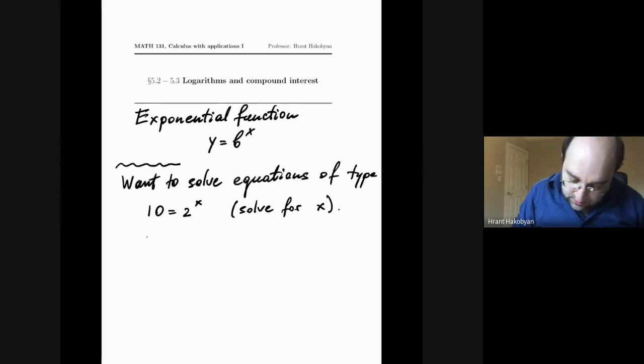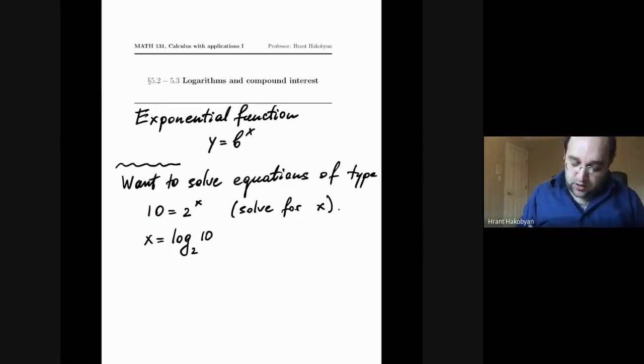So x, in this case, is called the logarithm of 10 with base 2. Whenever I have an expression of this sort, it means that x is equal to the power that I need to raise 2, the base, to get 10. What's inside the logarithm is the number whose logarithm I'm taking.